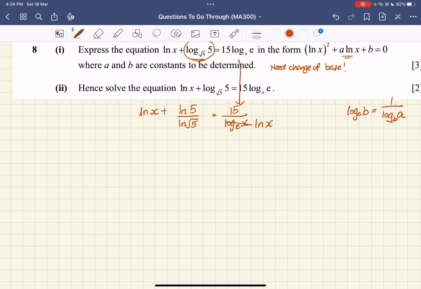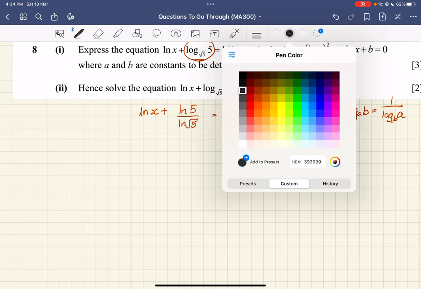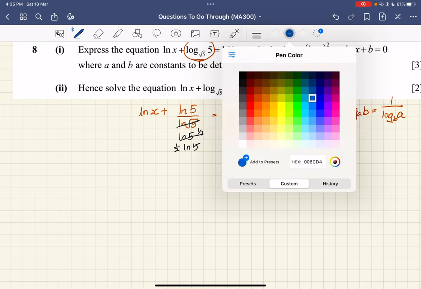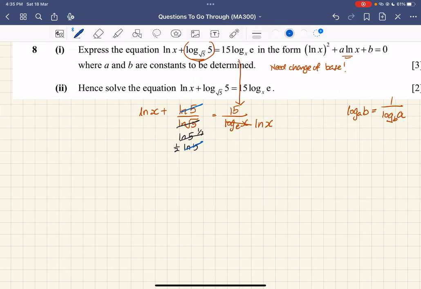Now 15, ln 5. Now what is ln of square root 5? Ln of square root 5 is none other than just ln 5 to the power of half. By the power law, this is the same as half of ln 5. And if you observe, you have ln 5 at the top, ln 5 at the bottom. This becomes a common factor where you can cancel off.